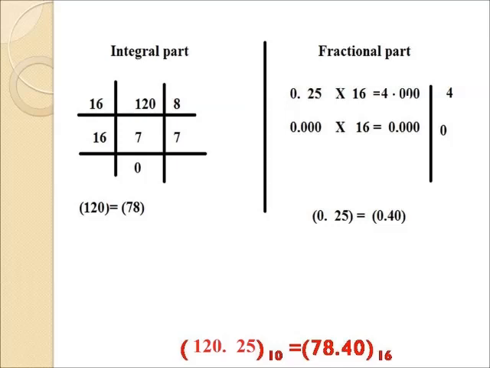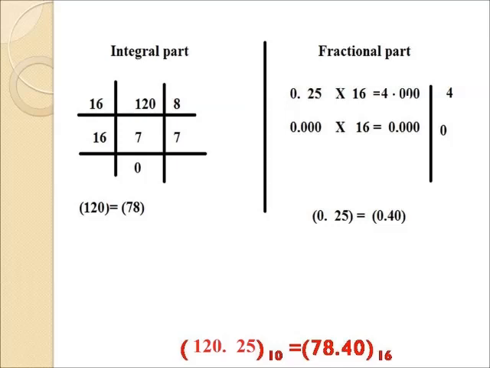When we divide 120 by 16, we get 7 as the result and 8 as the remainder. We cannot divide 7 by 16, so we write 7 as it is. 120 is the integral part of the question, so we got 78 as the equivalent hexadecimal.